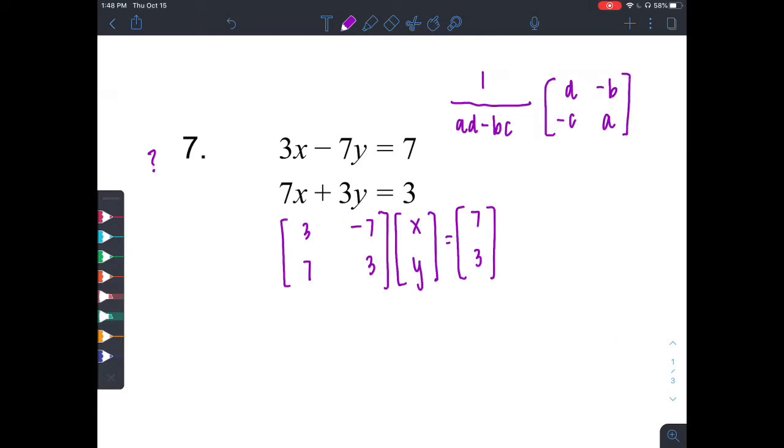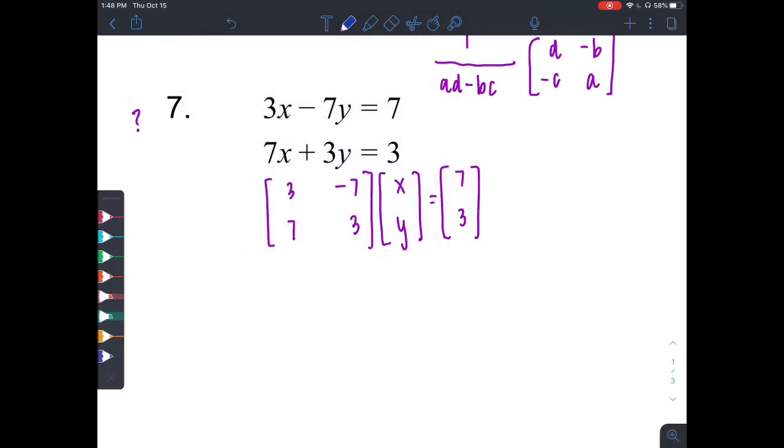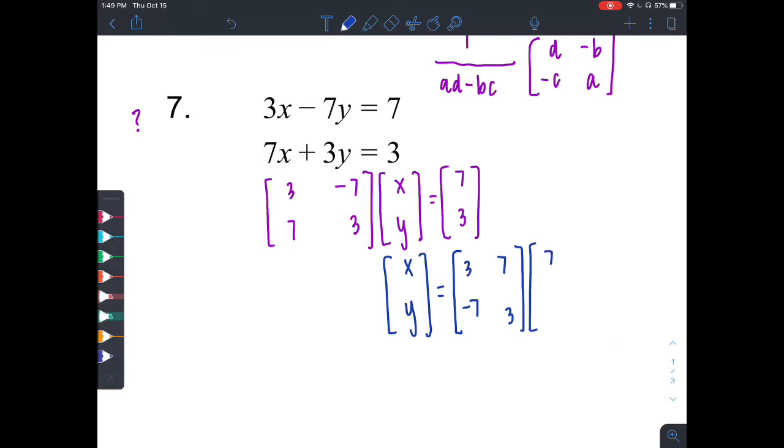So that's going to be, let's go ahead and pick a different color here. So I'm going to have xy equals, and I'm doing this matrix right here. So we switch our D and A, so I have 3 and 3, because when we switch those we get the same thing. And then make the others negative, so we get 7 and negative 7. And then we multiply that by 7, 3.